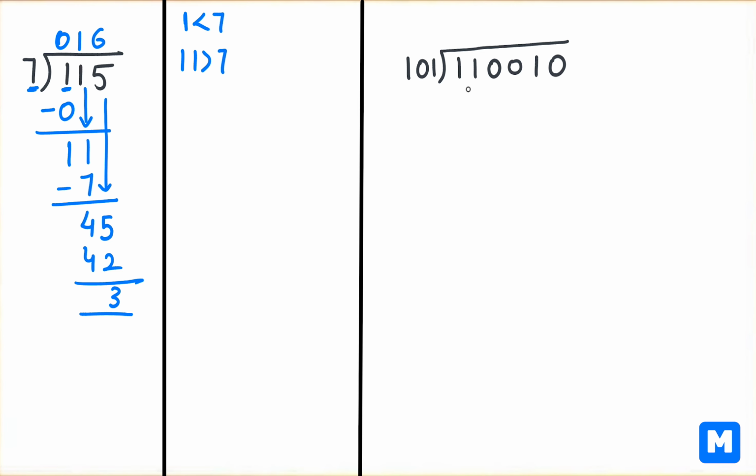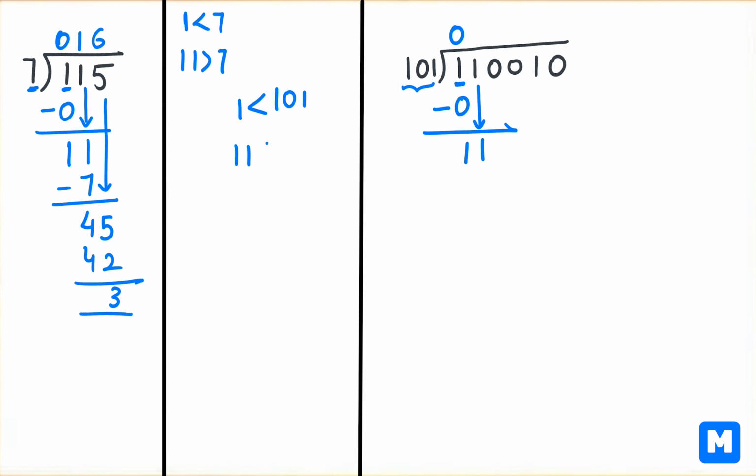So let's suppose we want to divide 110011 by 101. Firstly, we compare the leftmost digit of the dividend with the divisor. Here 101 is greater than 1, so we write down 0 here, and 101 times 0 is 0, and 0 subtracted from 1 is 1. Now the next 1 comes into action.